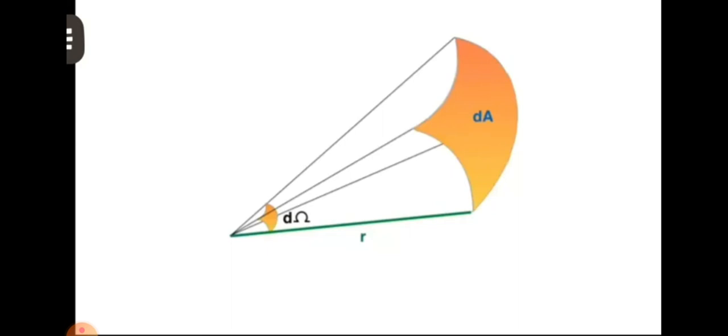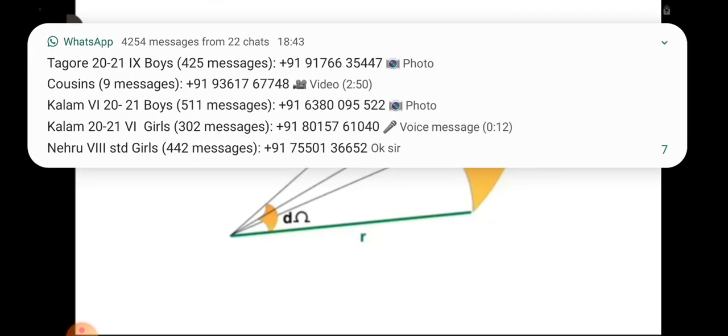The relation between d omega, dA and radius r is given by the expression d omega is equal to dA by r square. Steradian is the unit of the solid angle: when dA is equal to 1 and the radius r is equal to 1, then the solid angle subtended is 1 steradian.